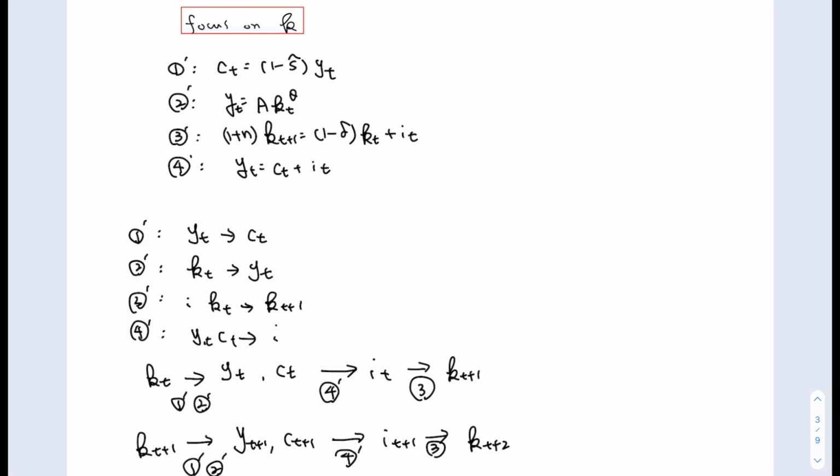In other words, once we know the first period capital stock, we also know the future capital stock levels. So once we know the k, the entire transition path for the economy is determined, and we know the value for all the other variables for all the time afterwards. So that's how we solve the system of equations for the Solow model. We focus on the k.